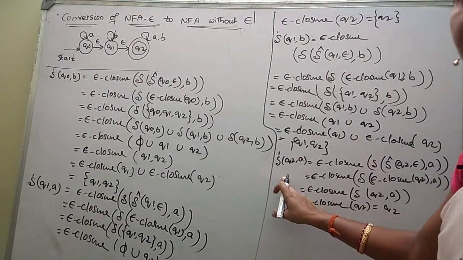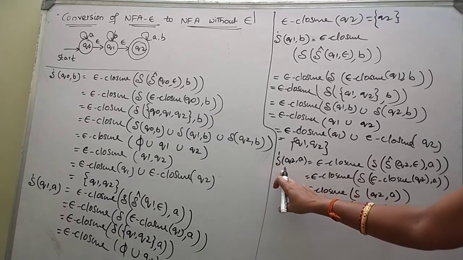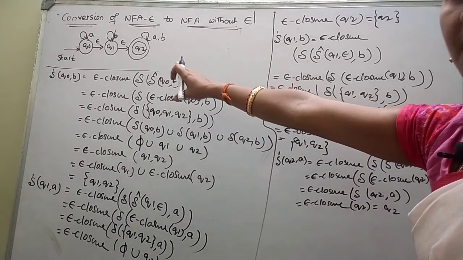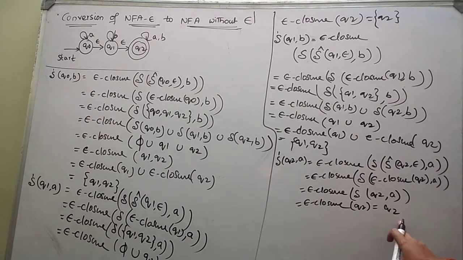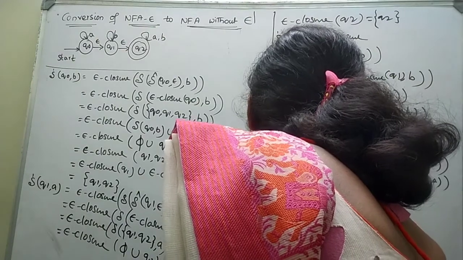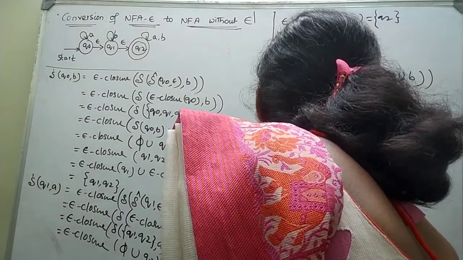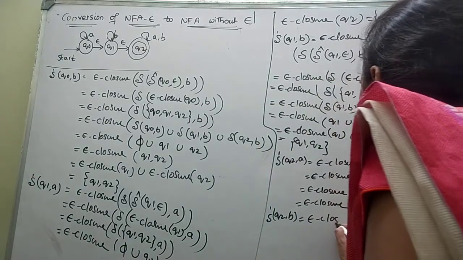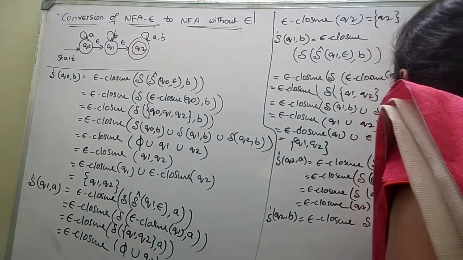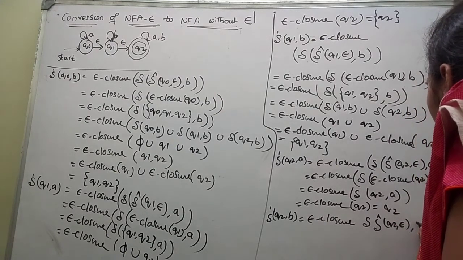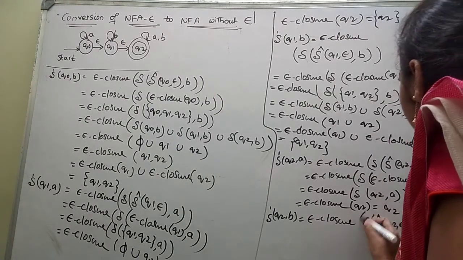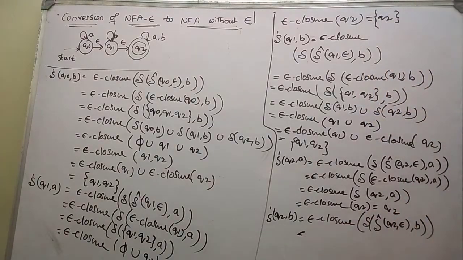So in the same way, we are going to compute the new transition function for the state Q2 by getting input symbol B. We need to compute delta dash of Q2 comma B. This can be written as epsilon closure of delta cap of Q2 comma epsilon comma B. What is delta cap of Q2 comma epsilon?